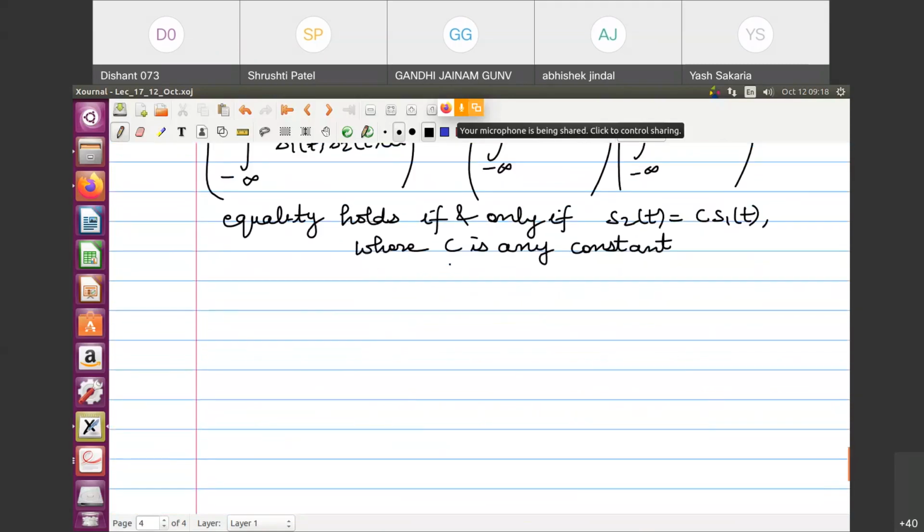So we will study the proof. What is the proof of it? The proof is simple.